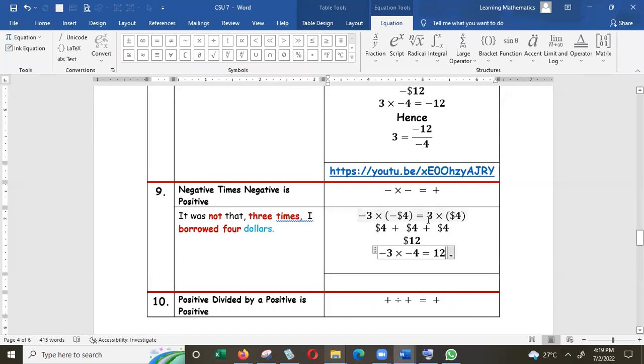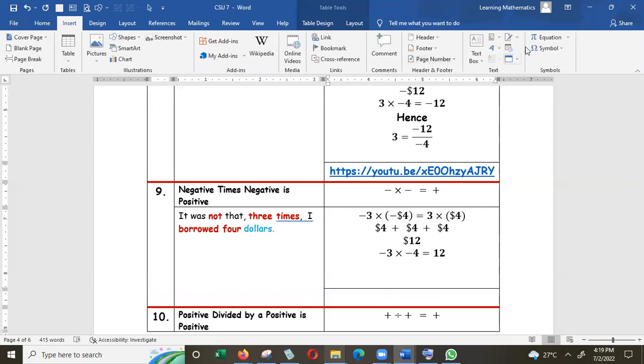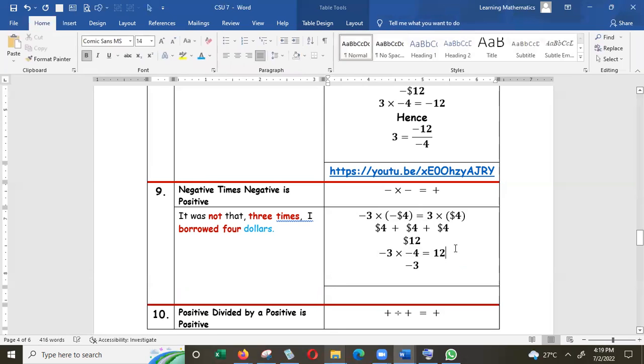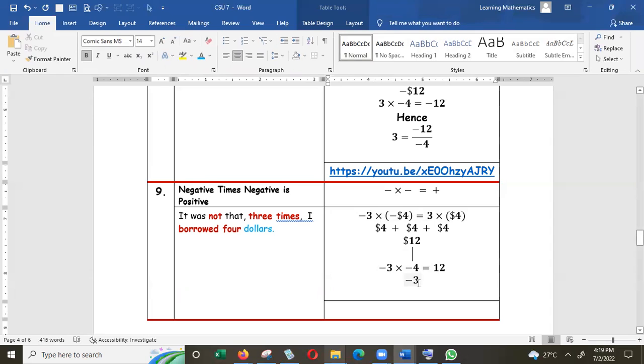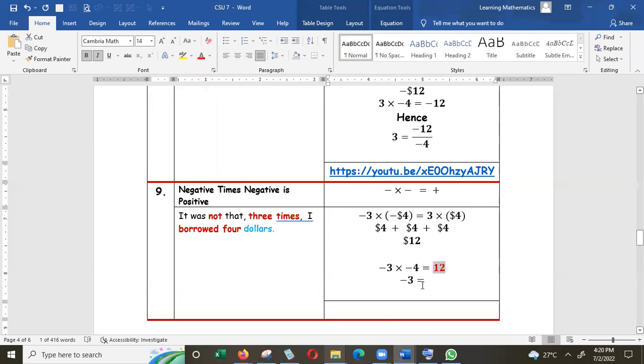Now, division is like the reverse of multiplication. So for example, if we want that negative 3, we want back that negative 3. A little bit of algebra, just for practice. We want back that negative 3. We got to divide this positive 12. Let's copy it. Let's color code it. Copy it and put it there. Divide it by this negative 4.